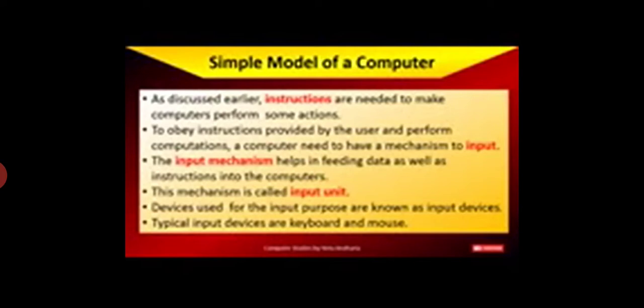We can download the programs and install them. The input mechanism helps in feeding the data as well as instructions into the computer. This mechanism is called the input unit. Devices used for input purposes are known as input devices. Typical input devices are the keyboard and mouse.